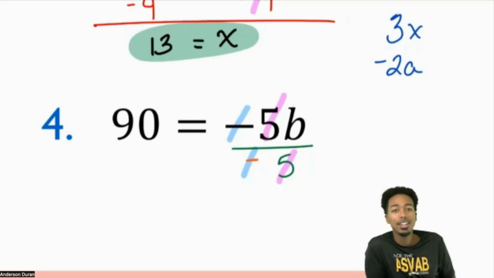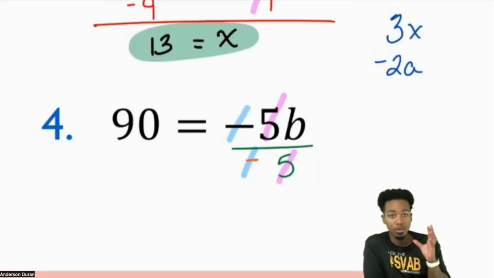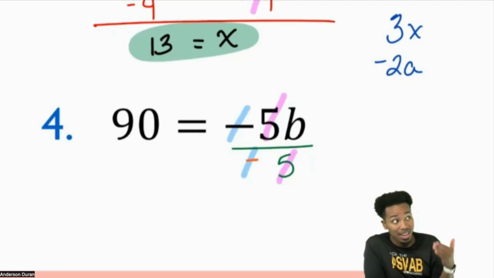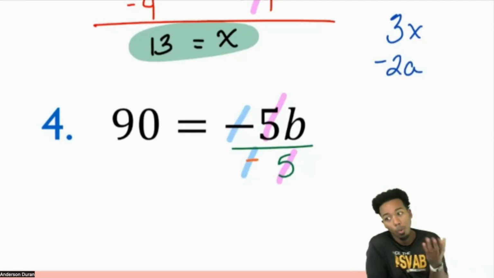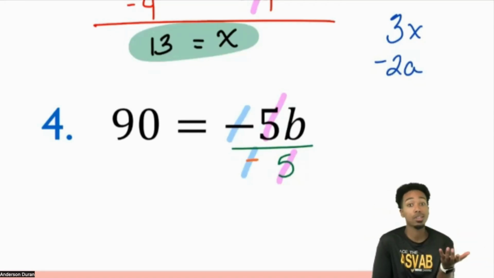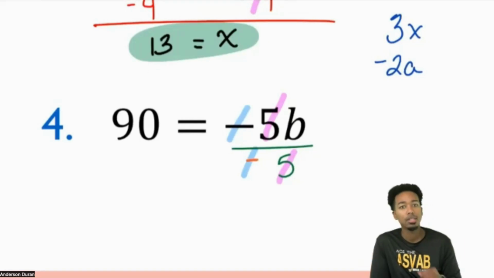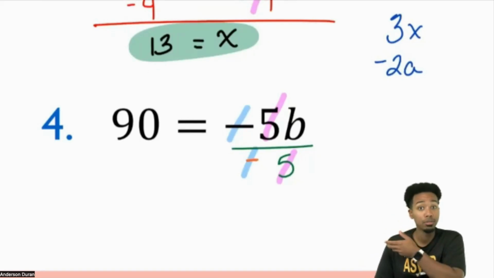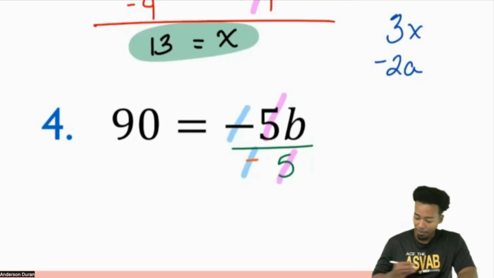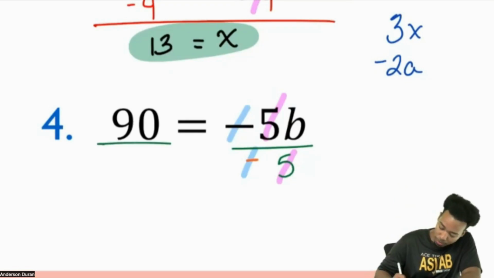So if you divide a negative by a negative, you will eliminate it. You will cancel it out. Anything divided by itself cancels out to give you 1. So remember, the sign matters too. And don't forget, we have to do it to both sides. Negative 5.